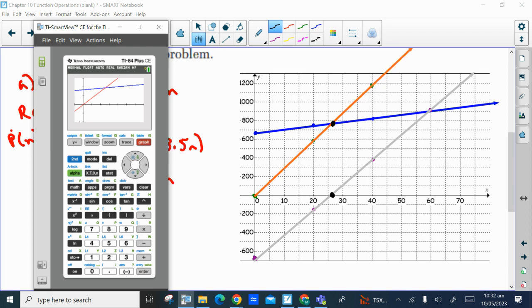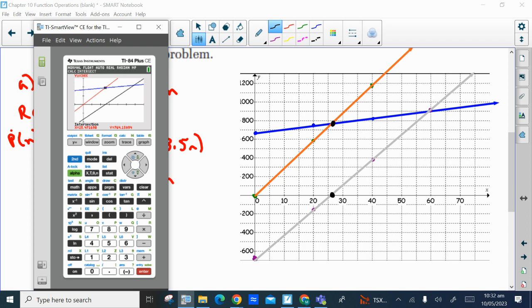So we'll graph them, and there's all three lines. And like I said, you can find the point of intersection between the first two lines. Second function trace, number 5 for intersect, enter, enter. So those are the right two lines, and then enter. And we get 25.47, which, as we said, had to be something a little bit higher than 25. And because n in this case refers to the number of t-shirts, that has to belong to the set of whole numbers.